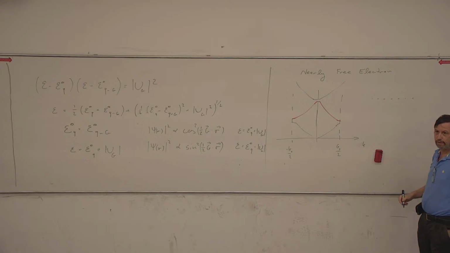Have here n atoms, periodic boundary conditions. 2n? Well, the answer is n if I don't take spin into account, 2n if I take spin into account.